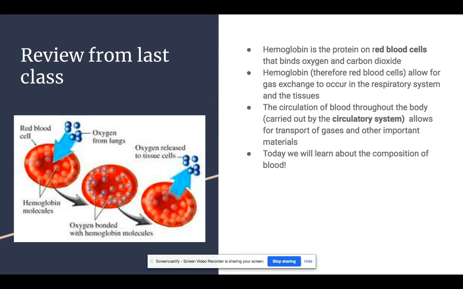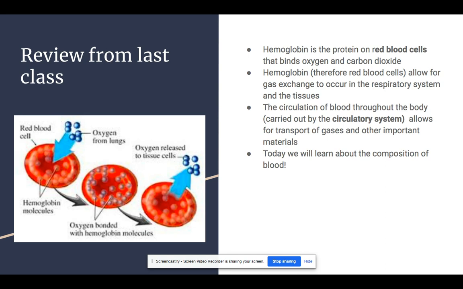So, review from last class. Last class, we looked at hemoglobin. And just a reminder that hemoglobin is the protein that is found on red blood cells. And that protein has a specific shape that allows it to bind oxygen. So oxygen will bind to the hemoglobin, and then the oxygen is delivered to the tissue.